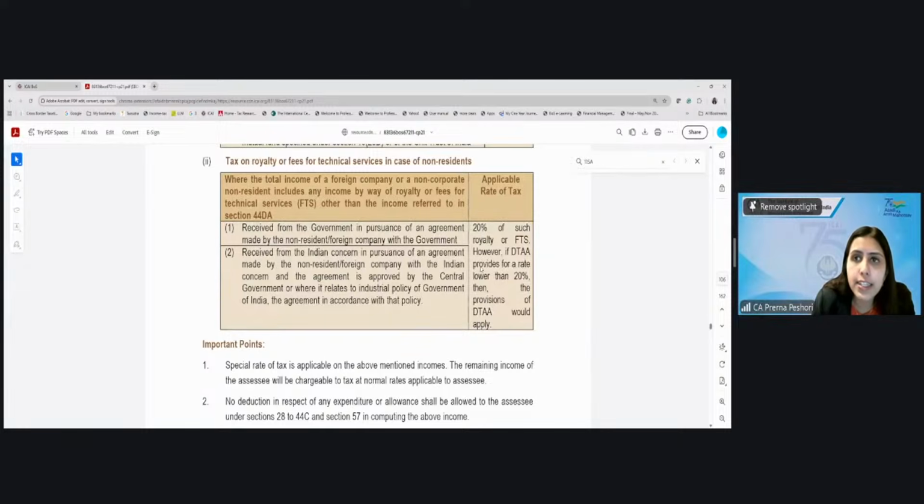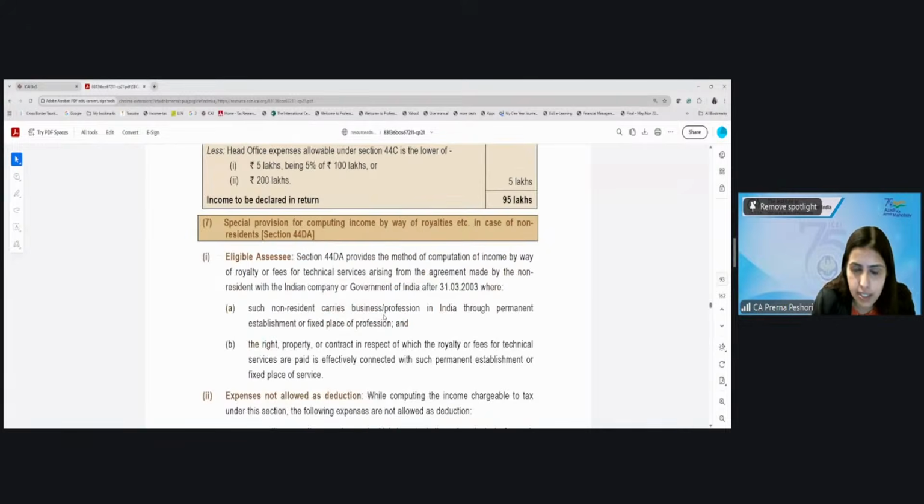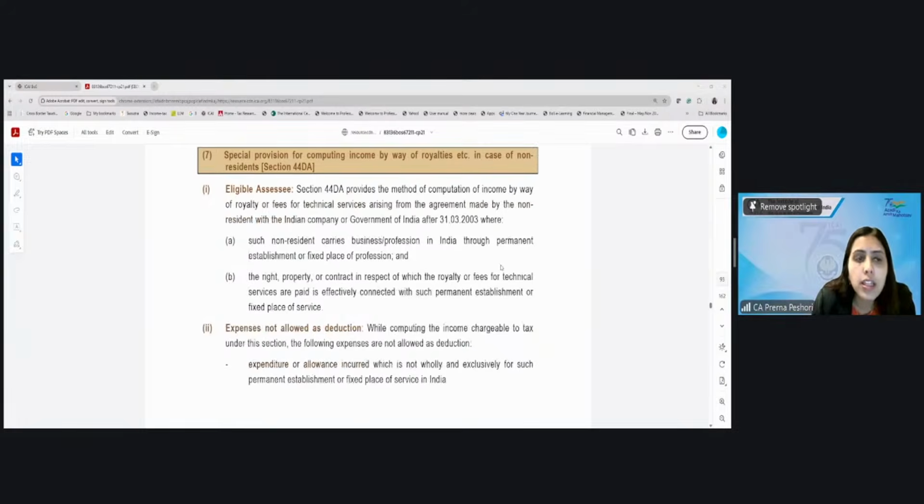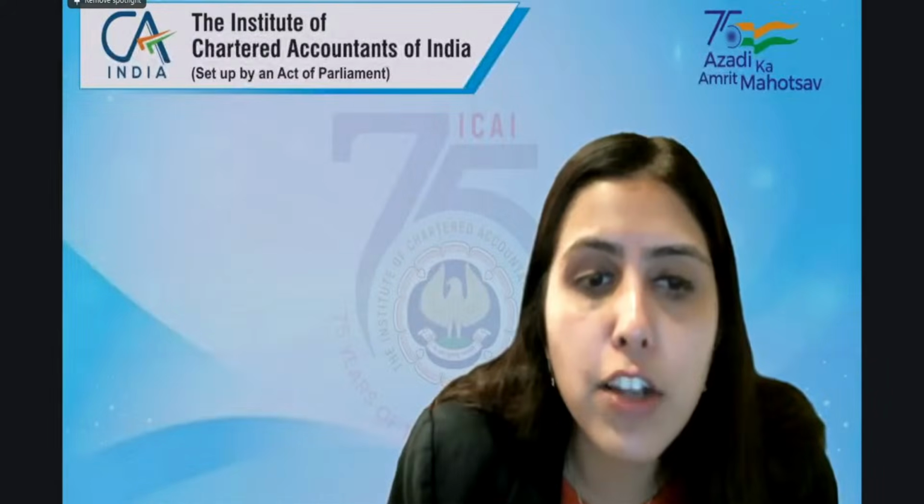Section 44DA says that if the royalties and FTS are effectively connected with the PE that a non-resident has in India, then instead of 20% on gross basis, you can calculate the income on the net basis and pay the tax at 35%, which is applicable to a foreign company.